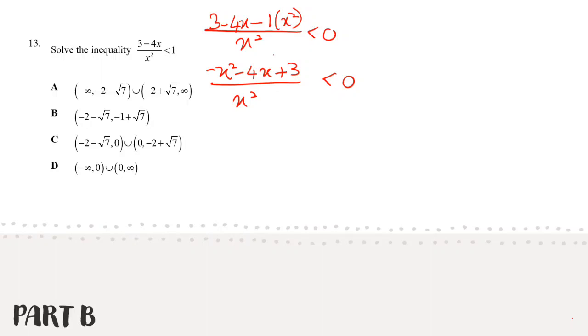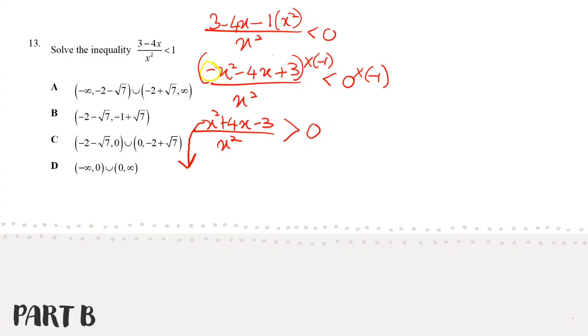So before you factorize, please make sure that a is positive. Okay, so this is a negative 1. What you have to do is multiply both sides by negative 1. Okay, and then you get (x squared plus 4x minus 3) over x squared, and the inequality sign changes to greater than 0.